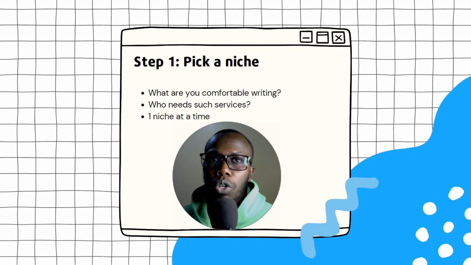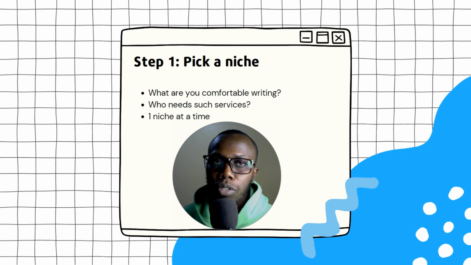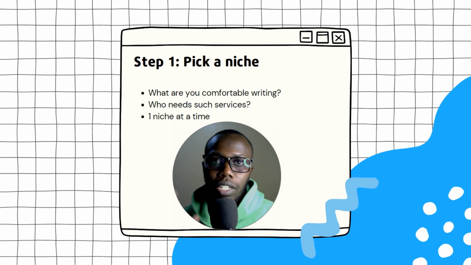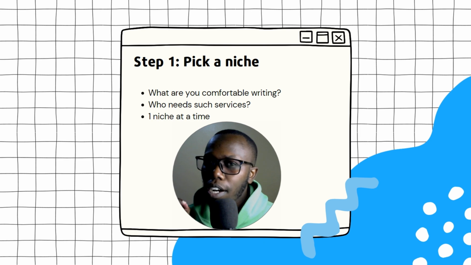Do you know more about crypto? Do you know more about business, entrepreneurship? Do you know stuff about science? So first, think about what you're comfortable writing about. The next thing you need to do is think of who needs those services. If you are comfortable writing about crypto, now you have to think, okay, who needs crypto articles?